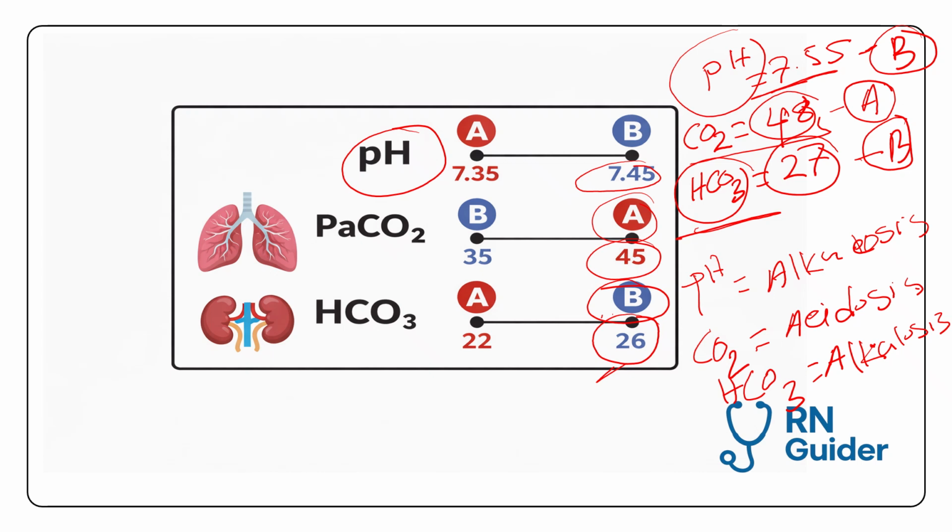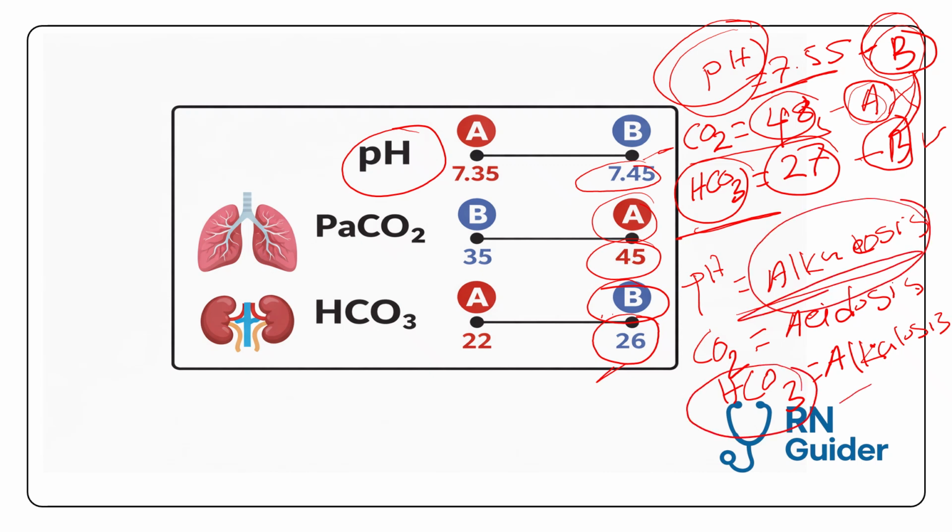We have to find the pH match. pH we got B, so we have to find B. Where did we get B? In carbon dioxide? No. In carbon dioxide we got A. So here we got B, the pH match. So pH is already alkalosis, and here we got bicarbonate alkalosis.